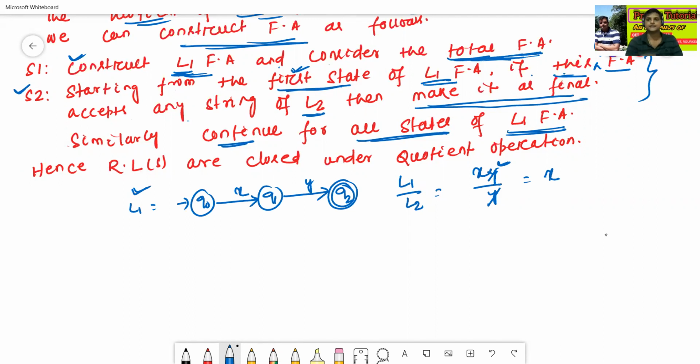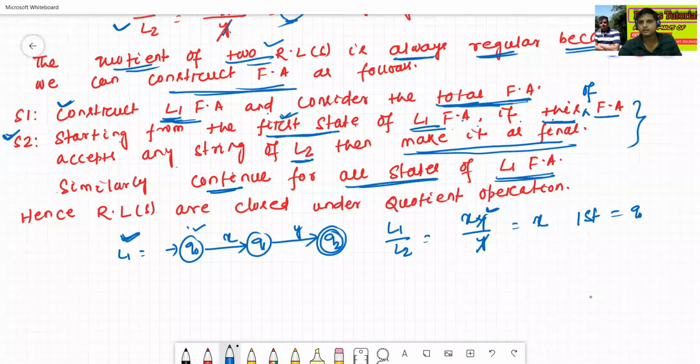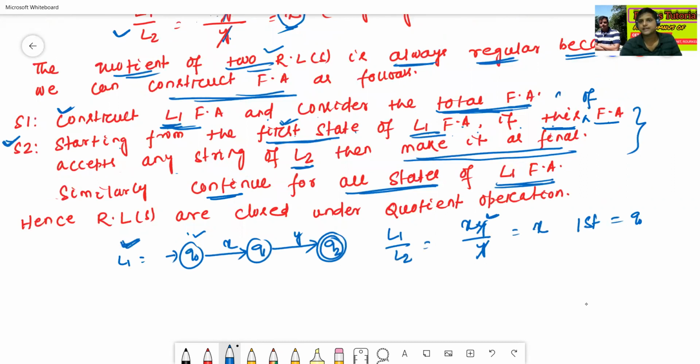Now, what is the second step? The second step is, starting from the first state of L1 finite automata, which is Q0, if this state of the finite automata accepts any string of L2 language.